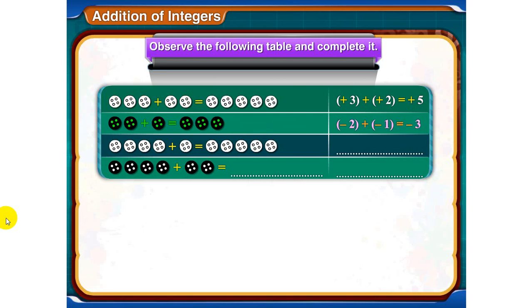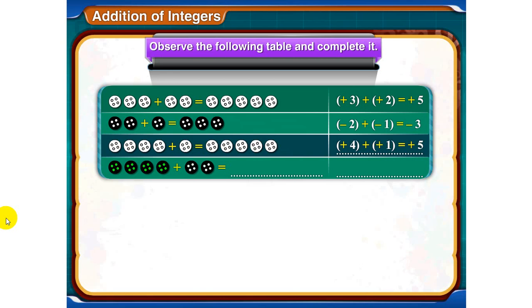It represents as -2 plus -1, that is equal to -3. 4 white buttons plus 1 white button is equal to 5 white buttons. It represents as +4 plus +1, that is equal to +5.